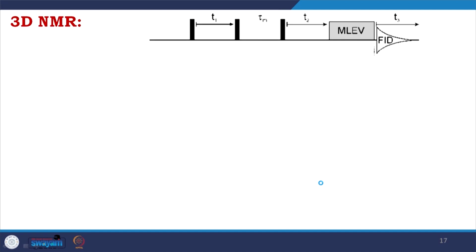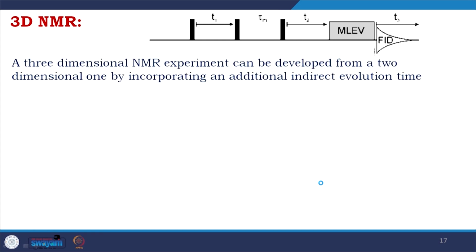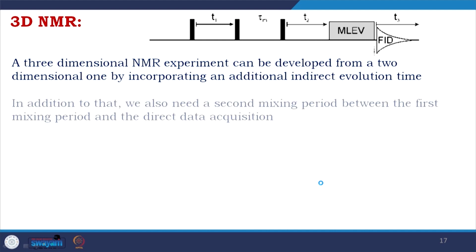Now, we are shifting to 3D or multi-dimensional NMR. A 3-dimensional NMR experiment can be developed from a 2-dimensional one by incorporating an additional indirect evolution time. In addition to that, we also need a second mixing period between the first mixing period and the direct data acquisition.